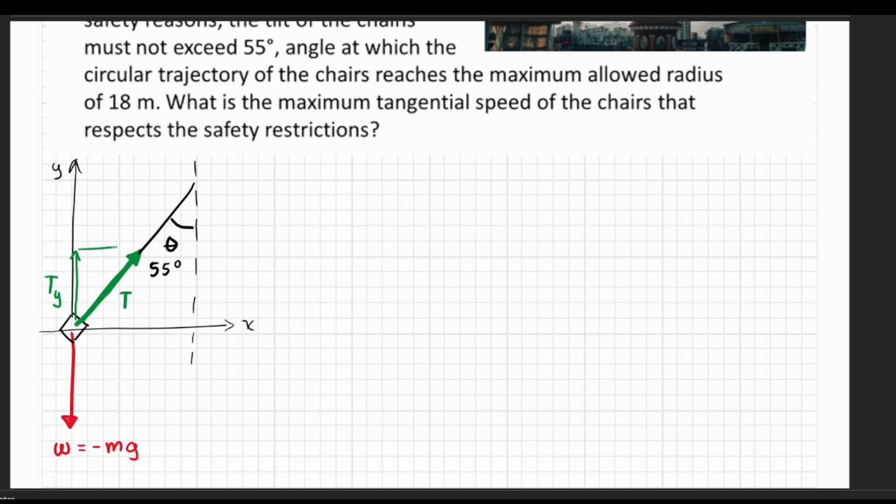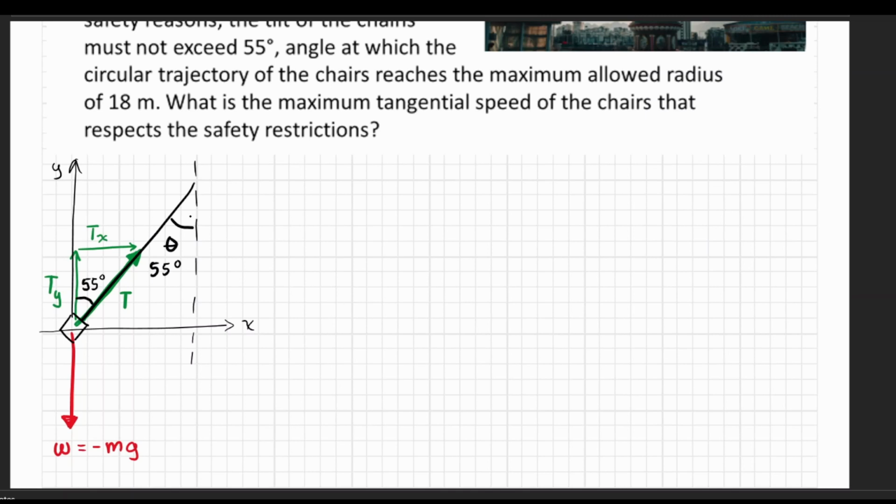The other component is to the right. This is the tension parallel to the x direction, and this angle here we can see is the same 55 degrees that we have between the chain and the vertical line.